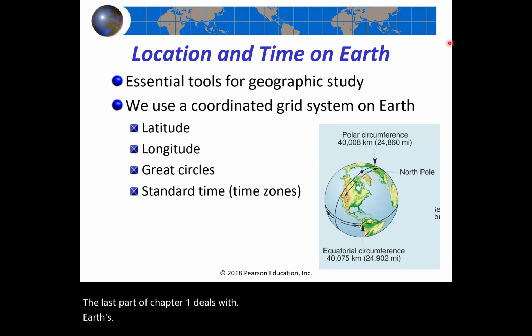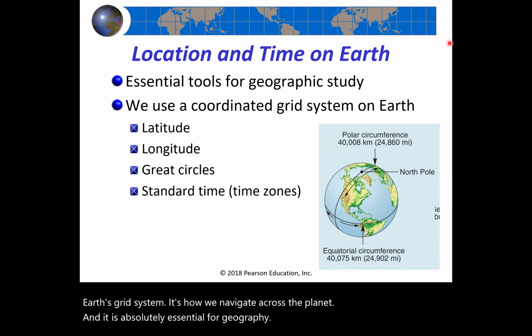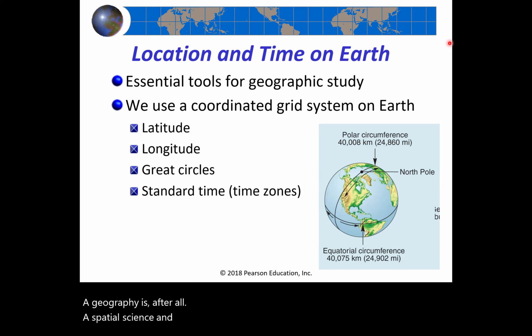It's how we navigate across the planet, and it is absolutely essential for geography because geography is, after all, a spatial science, and we can't study the space around us if we don't have a measured and organized system by which to coordinate different locations around the planet.